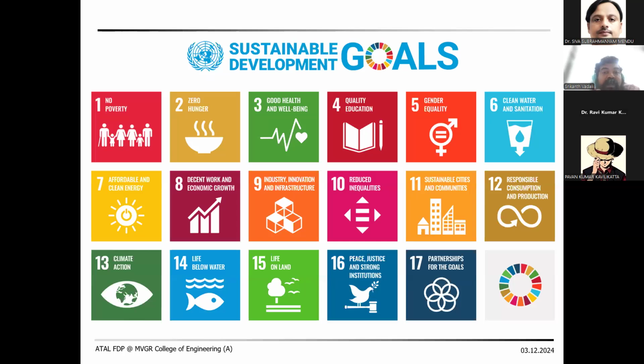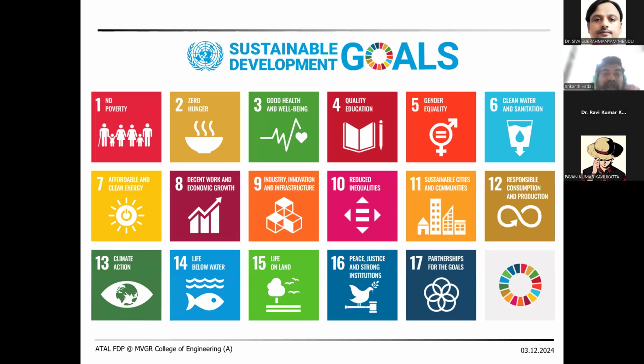Now, the problem here is that these goals are interrelated. For example, if you don't achieve quality education as a goal, you will fail in several of these sustainable development goals.